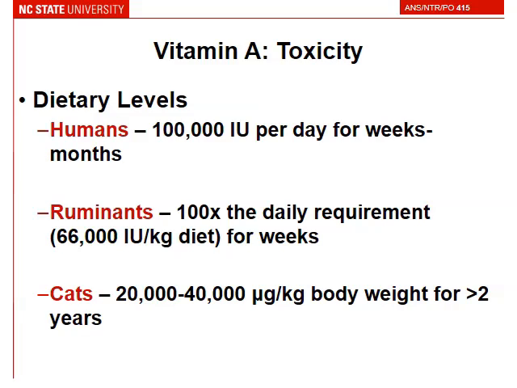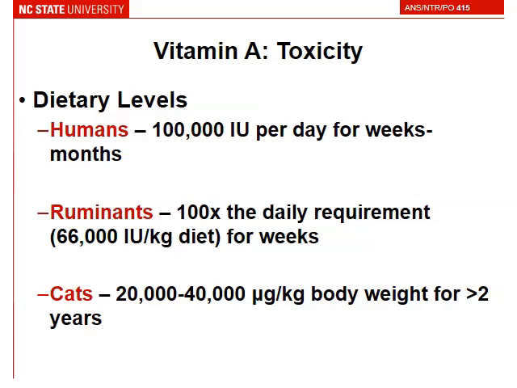As for the levels of vitamin A that are going to cause toxicity, in humans, anything greater than 100,000 international units per day for weeks to months on end, you're going to become toxic. In ruminants, it's 100 times the daily requirement for weeks. The daily requirement is 66,000 IU per kilogram of the diet.